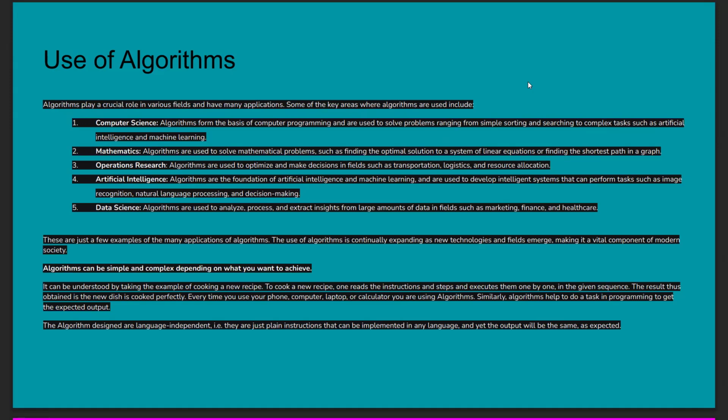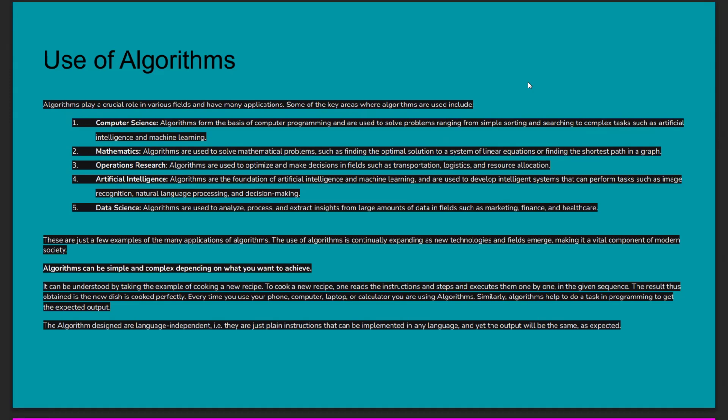Complex tasks means artificial intelligence and machine learning. By using these algorithms, we are able to compute complex tasks in terms of artificial intelligence and machine learning. So this is the use of algorithms in computer science.